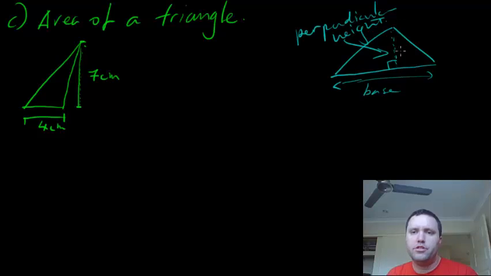Wherever you choose the base, whichever side your base is, your perpendicular height has to go from that base up to the top. Here I've drawn a triangle at a bit of a weird angle, and I've gone with this side as the base, so the perpendicular height has to be measured in line with it and extend all the way up to the top. Your perpendicular height always has to be at a right angle to the base.